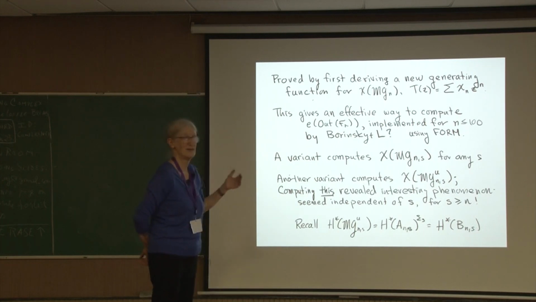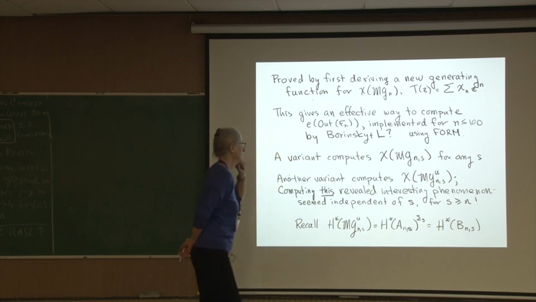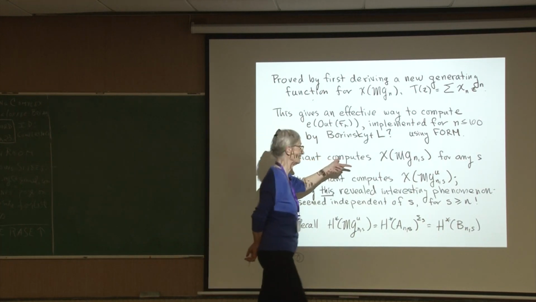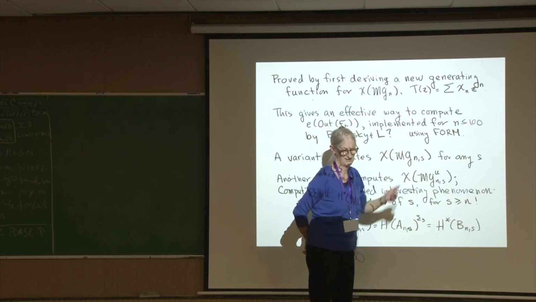So a variant of what we did for M_g,n works, in fact, for any number of leaves. And in fact, you can do it for either labeled leaves or unlabeled leaves.